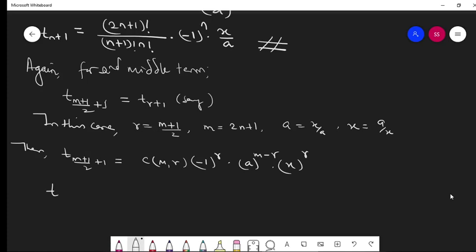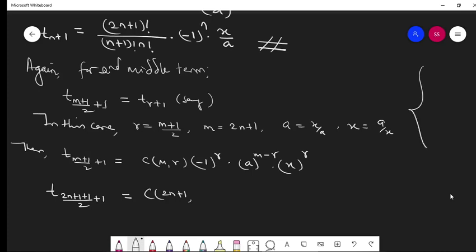T of (m plus 1) by 2, that is what? m is 2n plus 1, so (2n plus 1) by 2 plus 1 equals mCr. m is 2n plus 1. What is r?